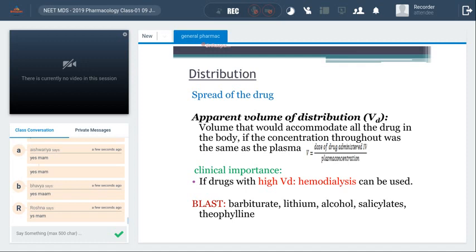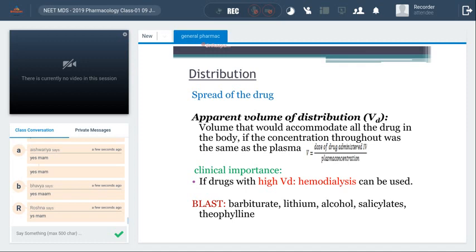So for example, instead of different tissues, you have brain, you have pancreas, you have kidney, etc. Consider the body as a single compartment. What volume of the body will accommodate all the drug in the body if the concentration throughout the compartment was the same as in the plasma? That is called apparent volume of distribution. So this is just an arbitrary apparent value to make our calculation easy.